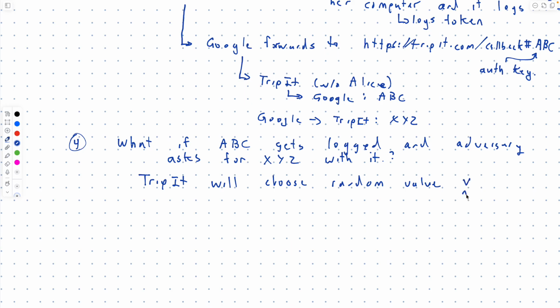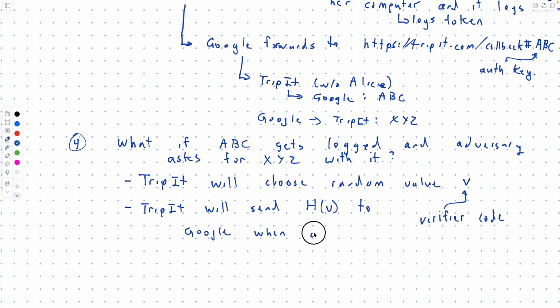We'll call it V. V stands for verifier code. TripIt will send a hash of V to Google when passing the user to Google.